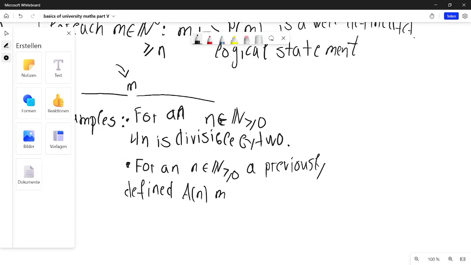A of n, a mathematical object, has a certain property. And why I have to phrase it like that, so inconcretely, the reason is we have not yet encountered any mathematical objects by which I could phrase it in any meaningful fashion. A previously defined A of n mathematical object has a certain property.